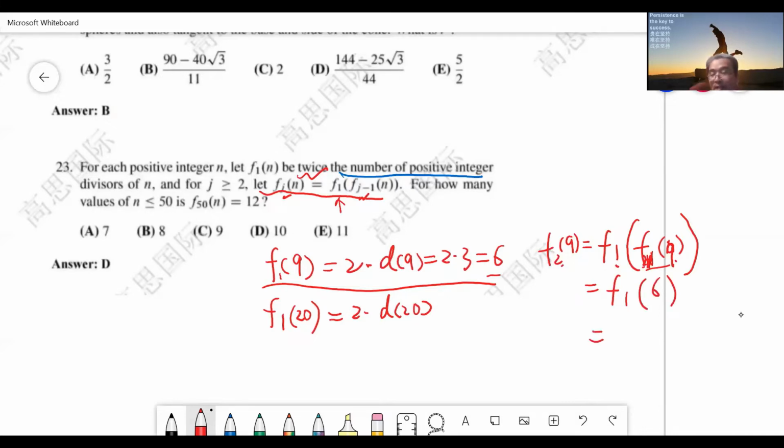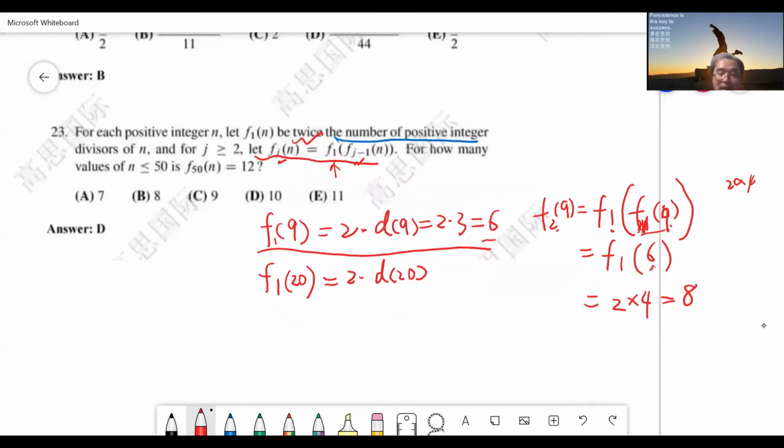What is f1 of 6? You need to find how many divisors 6 has. 6 is 2 times 3, it has four divisors. That's 2 times 4, which equals 8. So f2 of 9 is 8.